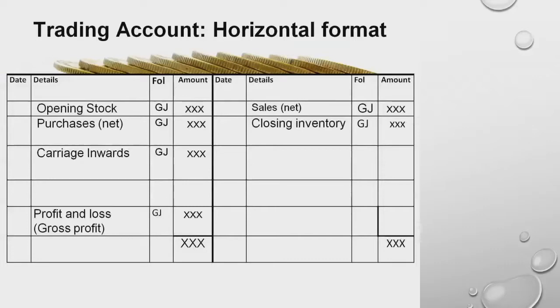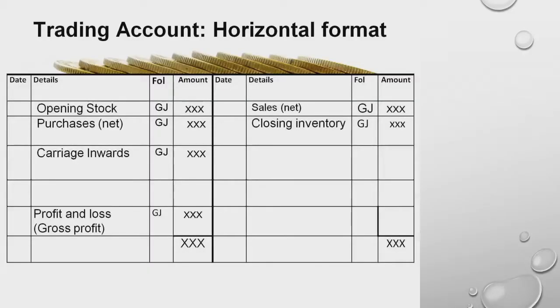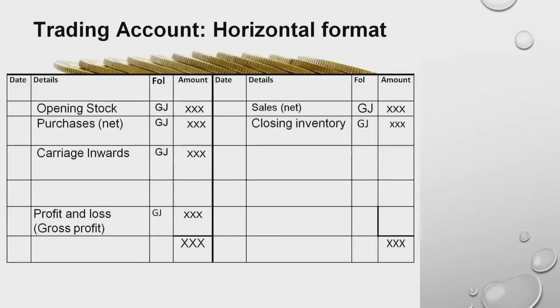I'm going to introduce you to a format of a trading account. That's an example of a trading account. We have opening stock. This is a horizontal format. You choose whichever method you want to use, either vertical, the straightforward one, or the T format, sometimes referred to as the horizontal format.